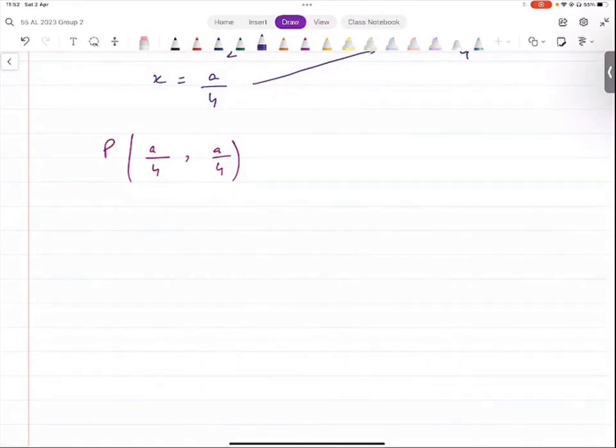अब इस point के ऊपर equation of tangent निकाल लेंगे. How are we going to find that? Put this in the derivative.